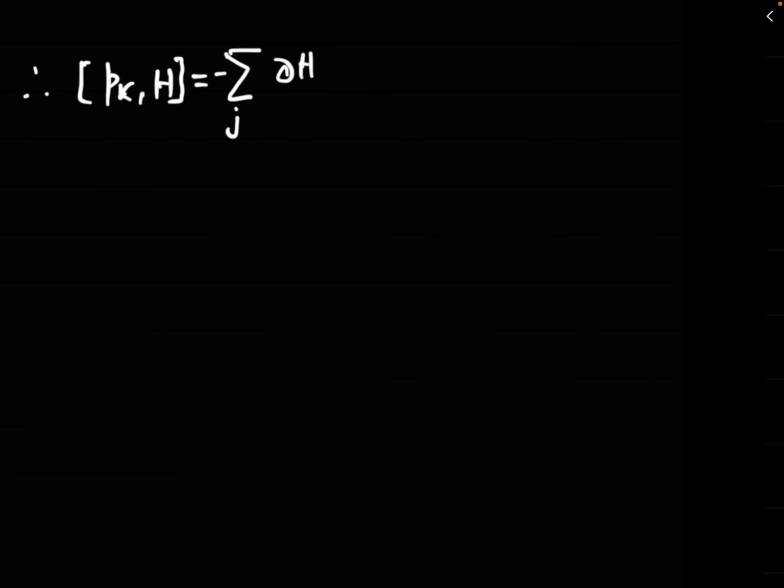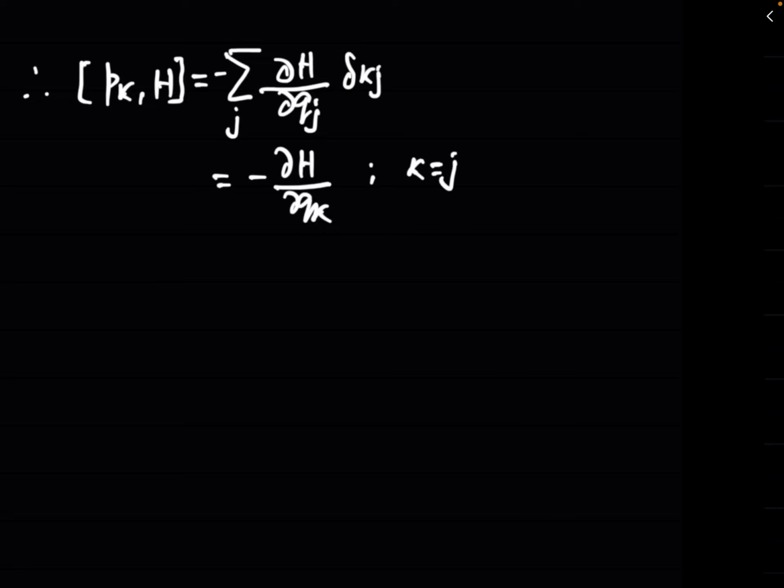As you know, this will be equal to minus del h by del qk, because when k is equal to j, this Kronecker delta will be equal to 1.